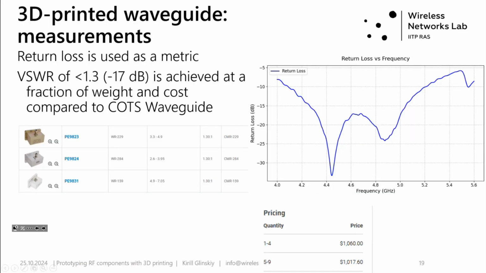Here on this slide and on the previous one, you describe the waveguide developed by your colleagues, and here you say that the price of the off-the-shelf waveguide with similar parameters is about $1,000. And what is the price of the materials which were used to create your waveguide?